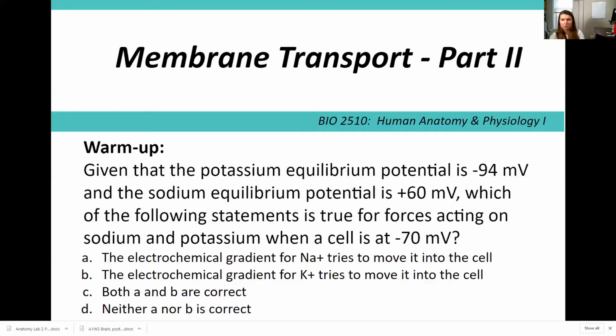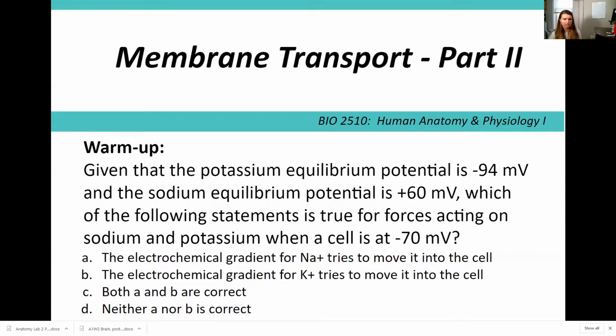So potassium wants that cell to go to negative 94. Sodium wants that membrane potential to shoot up all the way to positive 60. We can use these facts to figure out which way the electrochemical gradient is going to go.